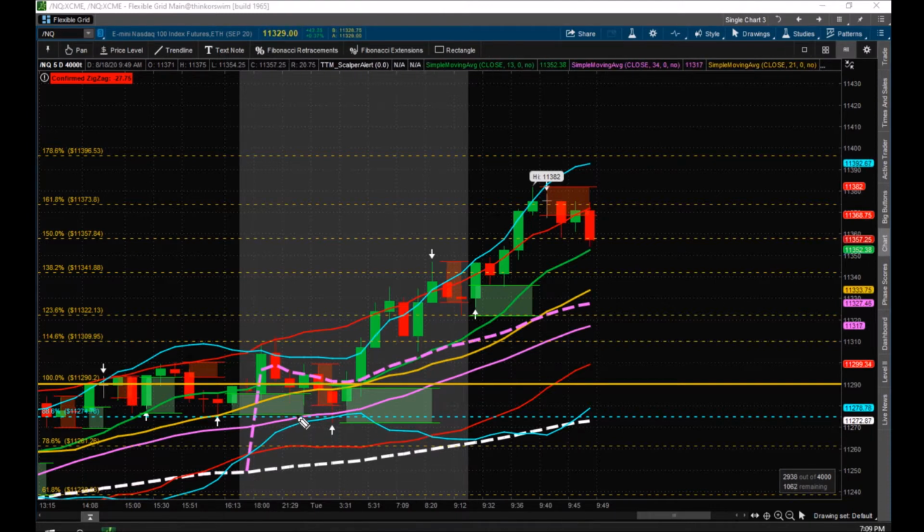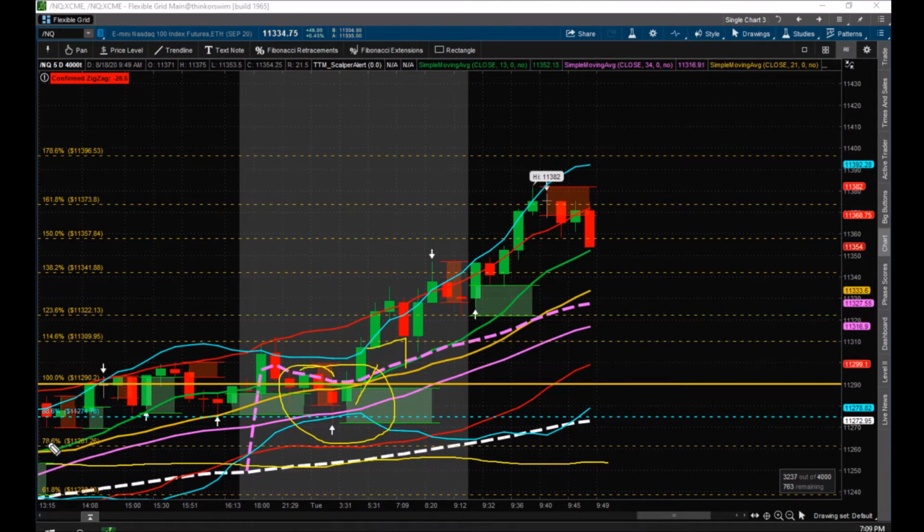Find an entry within this area here, and then try to go long. And then your stop will be somewhere down here at the bottom. Maybe do a 10 or 15, depending on the risk management or risk that you want to take on that particular trade.